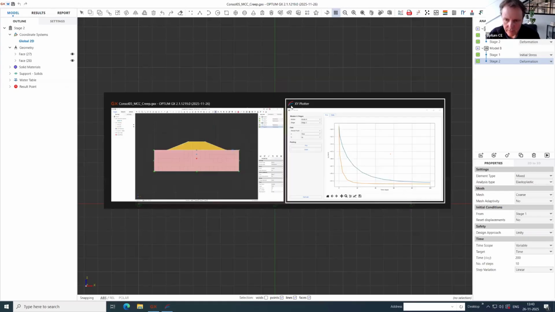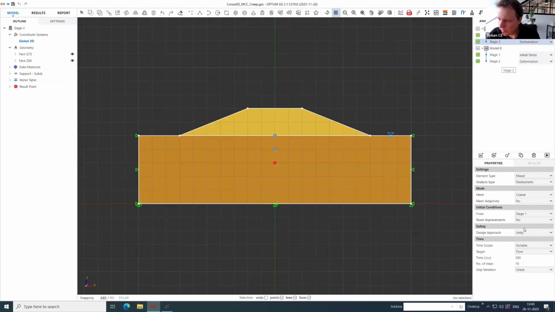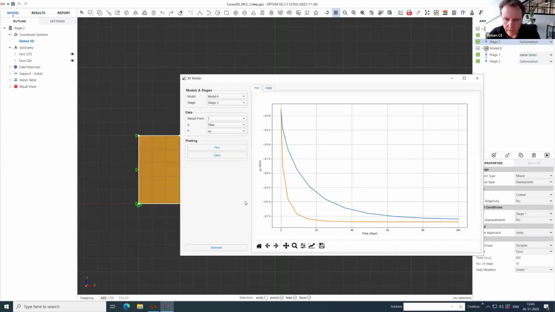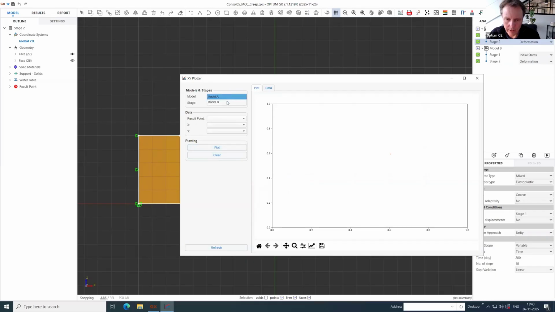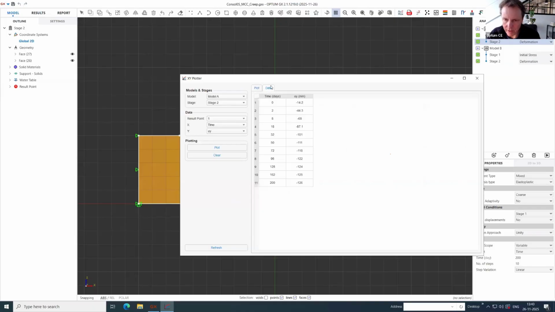And if we look at the situation there, I've let this run actually for not 100 days, but 200 days. Let me just refresh. And model A, stage 2. Plot that. That's what we saw before. We have some initial settlement of course, 15 millimeters or so. Actually, you can see the data in here. 14 and then to 126 millimeters.